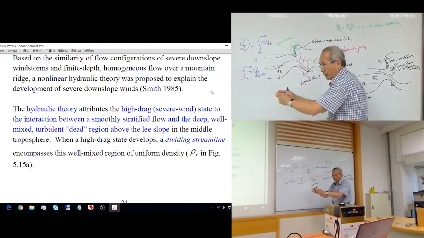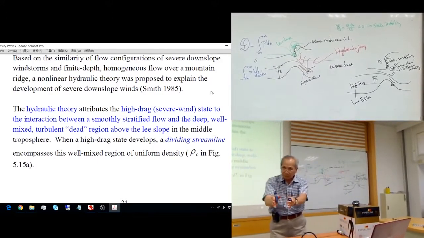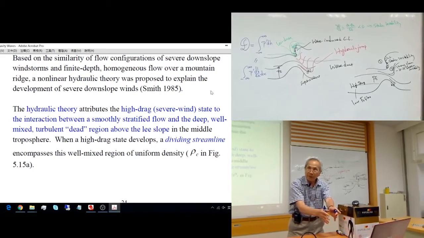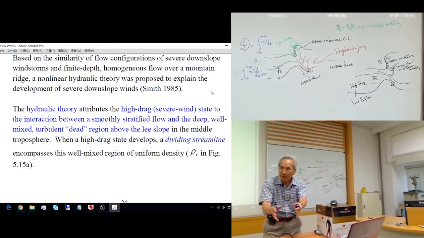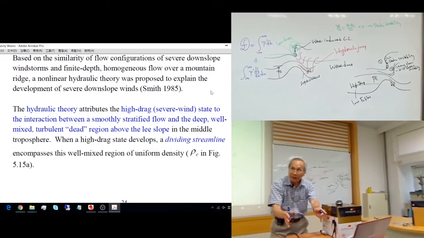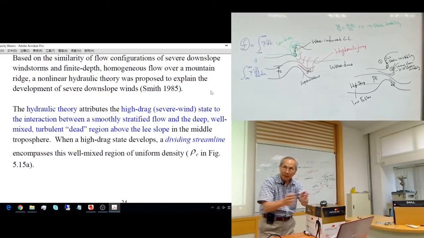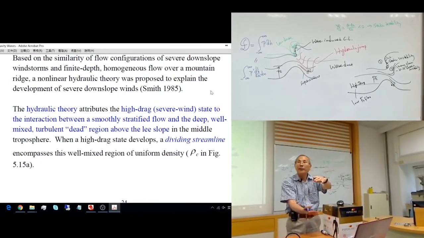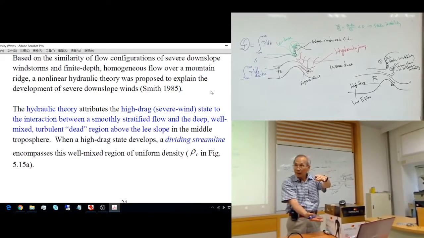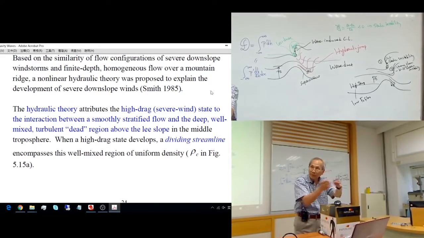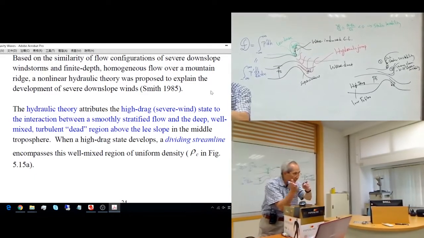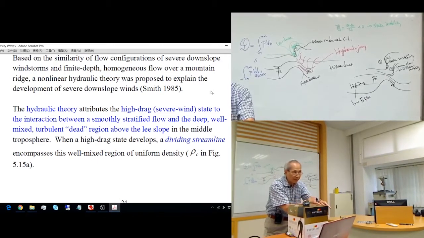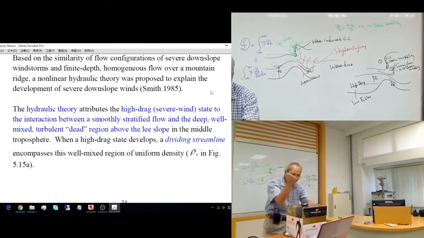And why do you have strong pressure? Because your flow is slow. You have a low Froude number, a subcritical flow, so you don't have enough energy to climb over. So it accumulates and becomes deeper. Then you get enough potential energy, and it converts into the downslope wind, which is strong, with large kinetic energy. So potential energy is converted into kinetic energy, and then rushes down.